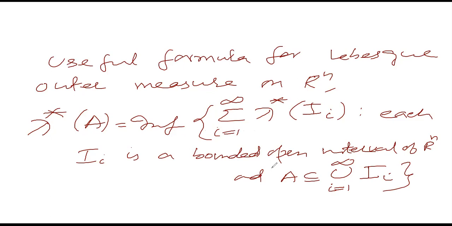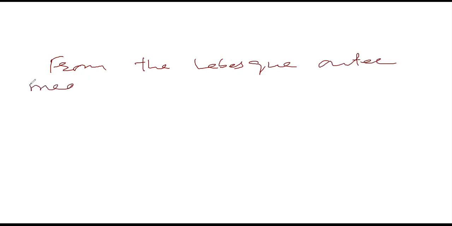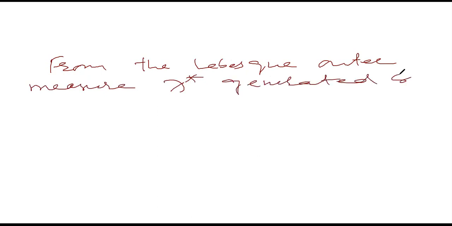So this formula is very important, and we'll use it in future. From now on, the Lebesgue outer measure lambda star generated by lambda will be denoted by lambda.